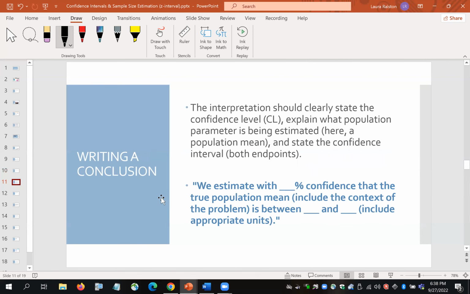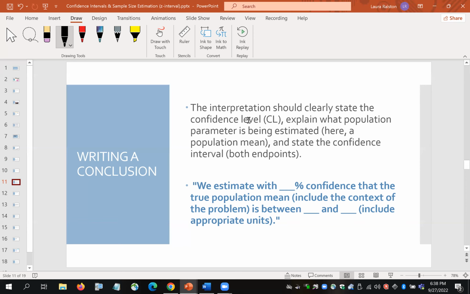And lastly, you need to know how to correctly interpret the confidence interval. Your interpretation should always contain your confidence level, what population parameter you are estimating, and the confidence interval itself, both the lower bound and the upper bound.